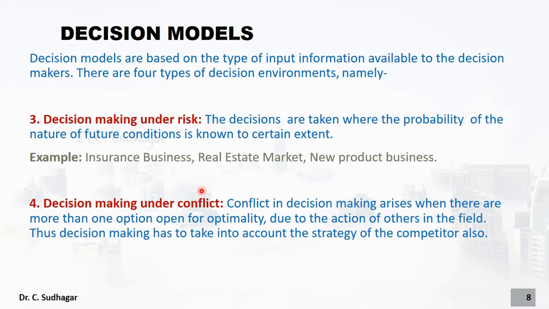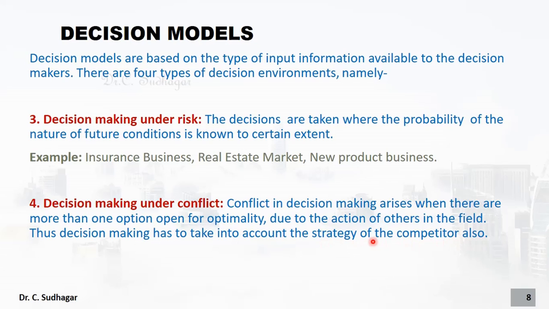One is that conflict in decision making arises when there is more than one option open for optimality. That means we can have two or three different options which can go to optimality, or it sometimes depends on the action of others in the field. Suppose you are launching a product and the same new product is launched by somebody else. It affects the profitability of your product as well. Thus, decision making has to take into account the strategy of the competitor also.